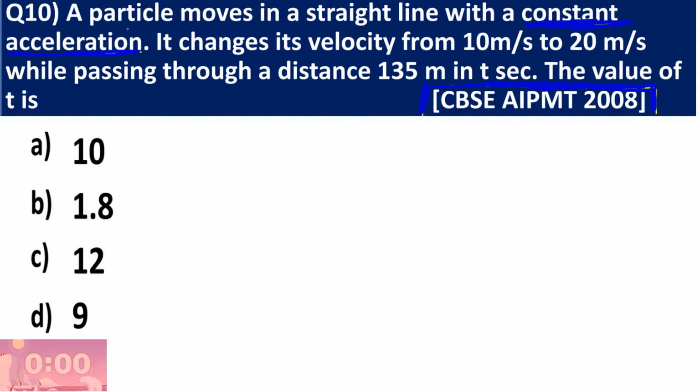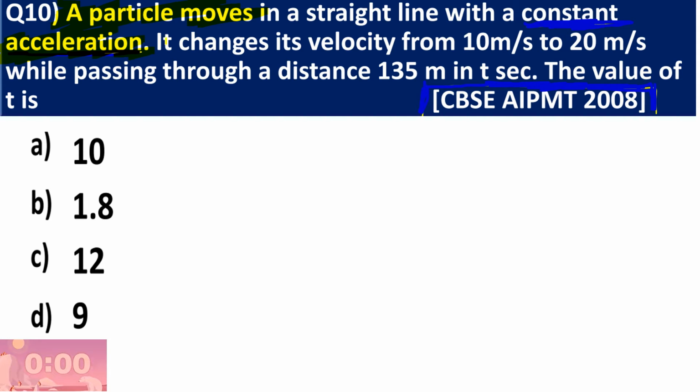So a particle is moving. Let's take the highlighter. They are saying that a particle is moving in a straight line with a constant acceleration. So the acceleration is given to us as constant.